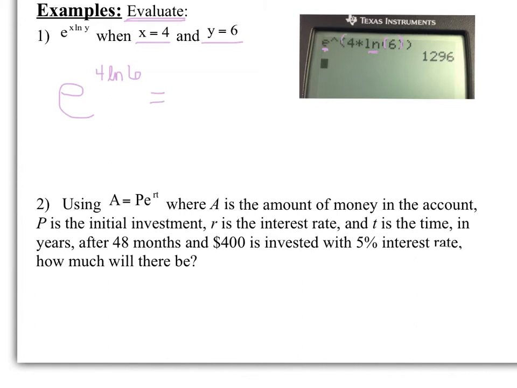And I want to raise all of this as an exponent, so I want to make sure I have my parenthesis group around my whole entire exponent. So when I type it in, I get 1,296. And that's all the work you need to show, plugging in the values they give you and then your answer.